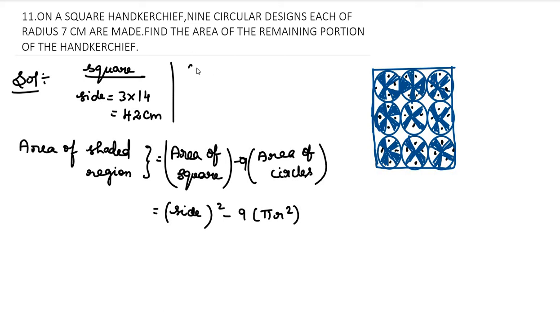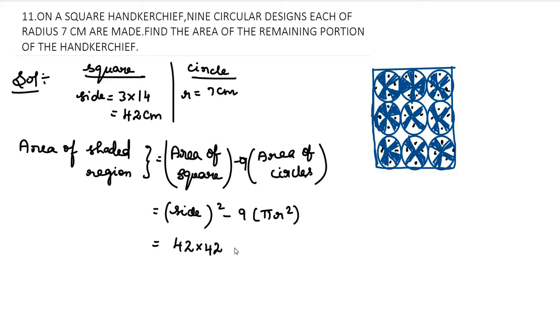And then the radius of the circle we are going to find. What is the radius of a circle here? 7 centimeter. Okay. The radius of the circle is 7 centimeter. It is given. So what is your side? 42 into 42.